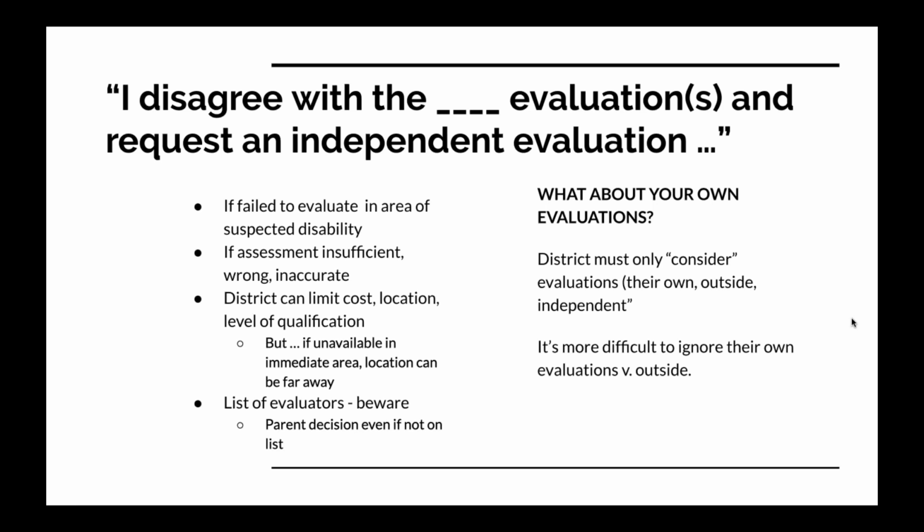And here's why. The district has to either pay for you to have an independent evaluation or they have to file due process against you. And I feel like you're buying yourself a due process filing against you if you want 14 or 15 different assessments. Pick the ones that are most important.